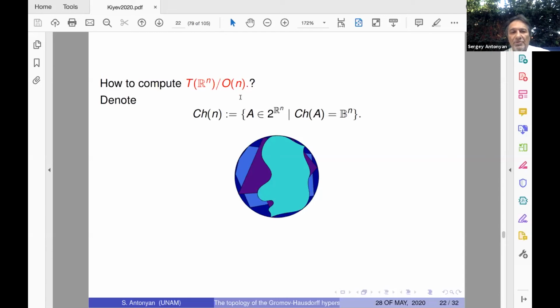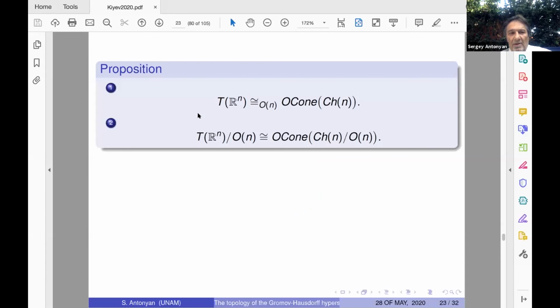So studying this hyperspace is crucial here. We proved that T(R^n) is equivariantly homeomorphic to the open cone over Chebyshev(n). This equivariant homeomorphism induces a usual homeomorphism between orbit spaces.